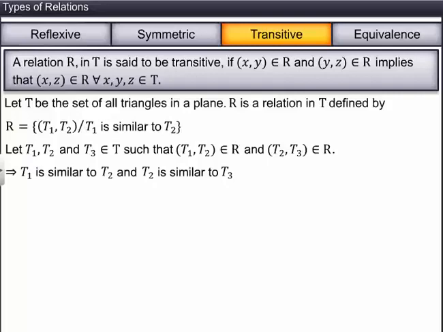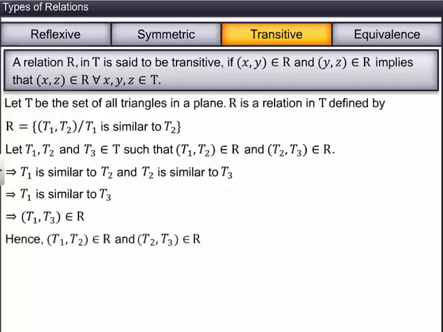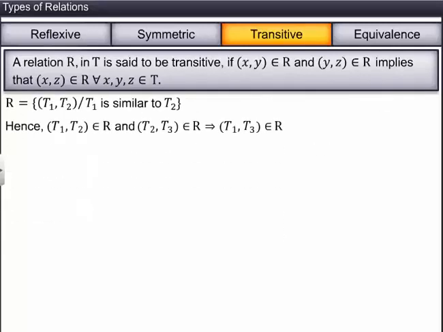Now, T2 is similar to both T1 and T3, so this implies that T1 is similar to T3. This in turn implies that the ordered pair (T1, T3) belongs to set R. Hence, ordered pairs (T1, T2) and (T2, T3) belong to set R, implies that (T1, T3) is also in R. This shows that the relation R in T is transitive.